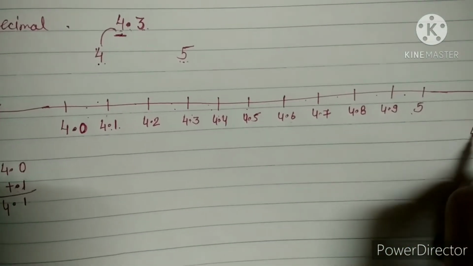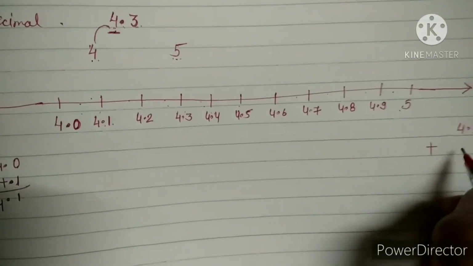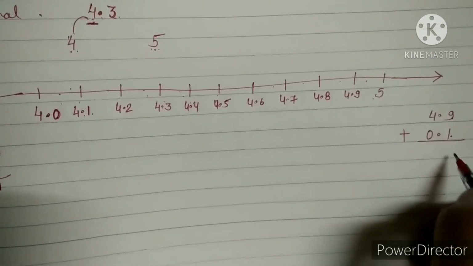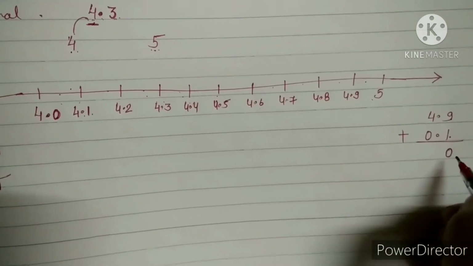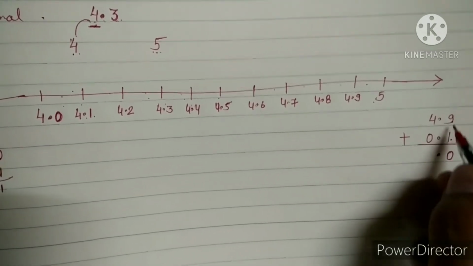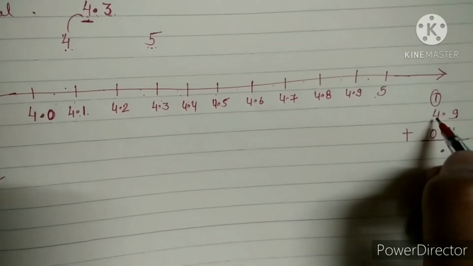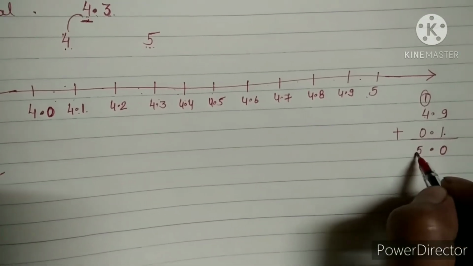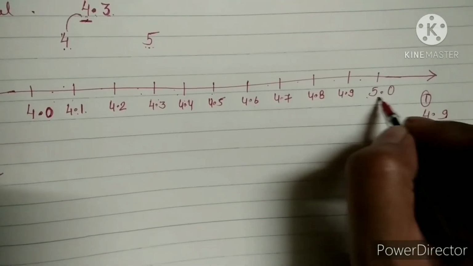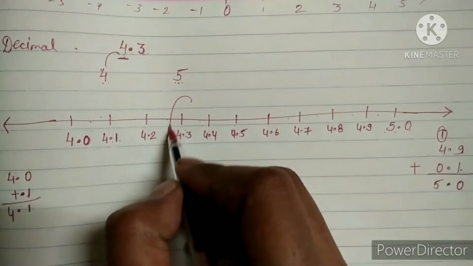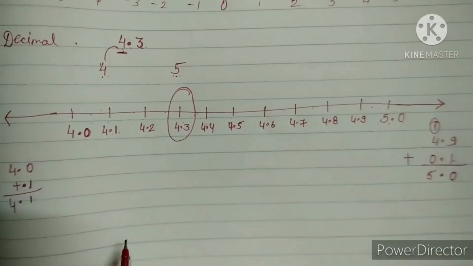When we add 0.1 to 4.9, 9 plus 1 is 10, 0 is here, 1 is the carry, and 4 plus 1 is 5. So here we have 5.0. Have you seen 4.0? Yes, here is 4.3.